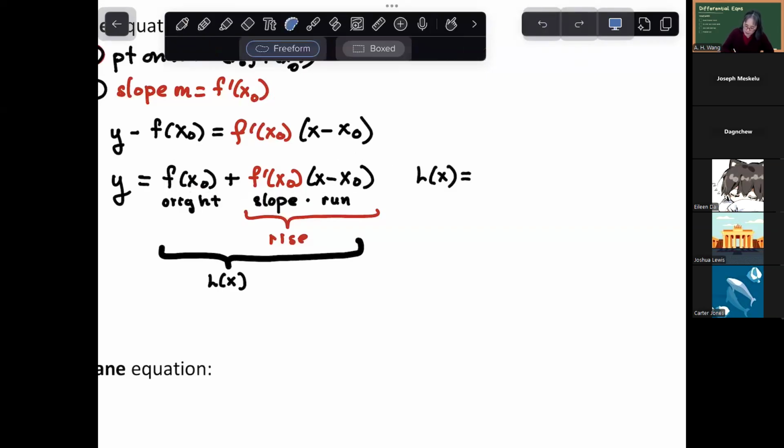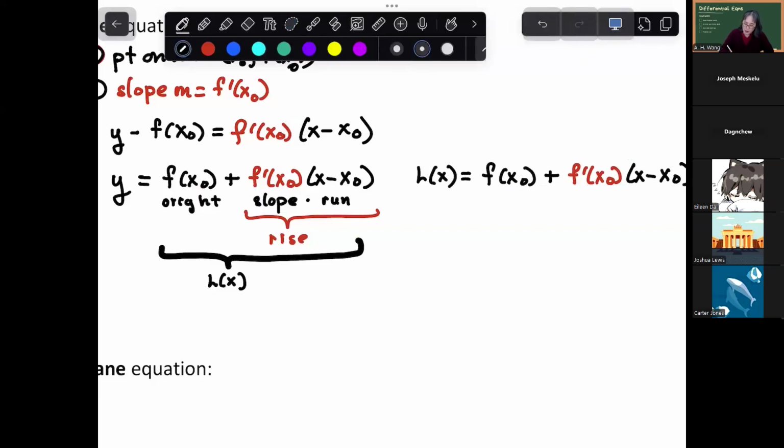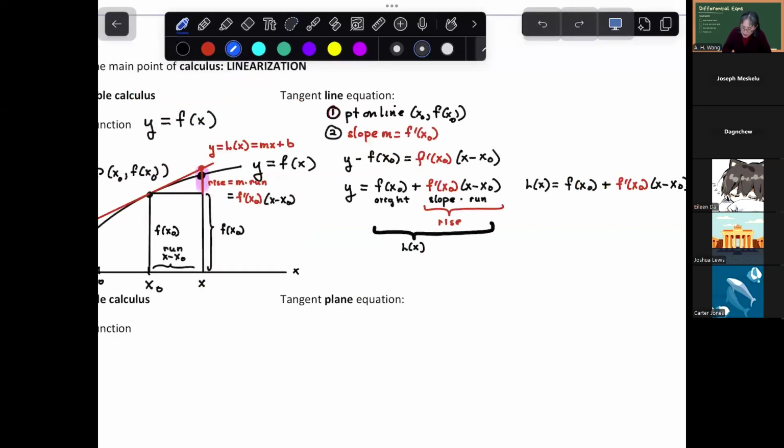Okay, so that's what it is. It's the original height plus the slope times the run. Can everybody see that it's y equals mx plus b? Because the mx is this part, and then you distribute and add this, and that will be the b. So ultimately, it's mx plus b. So that's this guy right here. That's what he is.